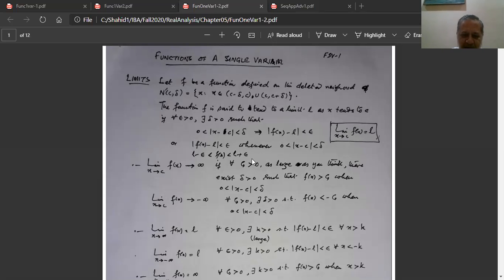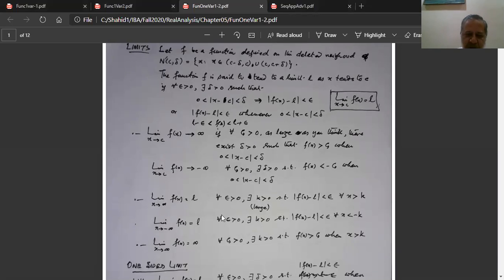This expresses the fact that limit as x goes to c of the function f is infinity. For minus infinity, you can find a large number g positive such that all function values are less than minus g when x belongs to the deleted neighborhood of c.